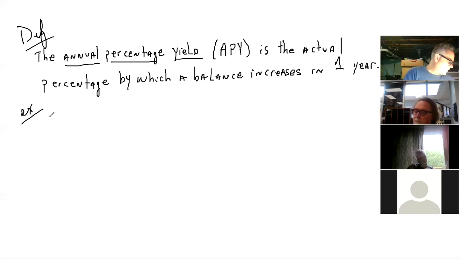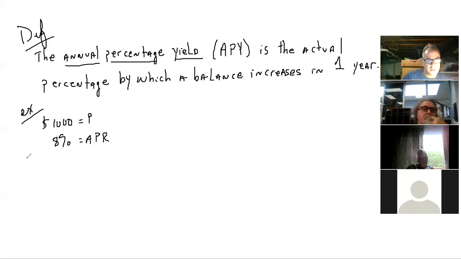So as an example, if you had $1,000, so that's your principal, an 8% APR, and let's compound quarterly, which is going to mean that your N would be 4.